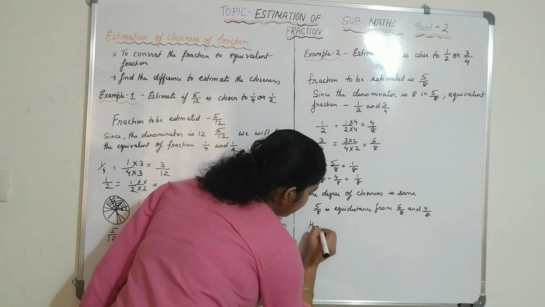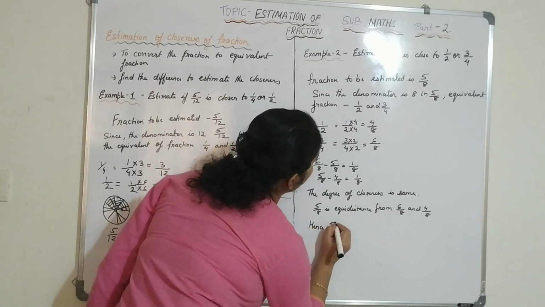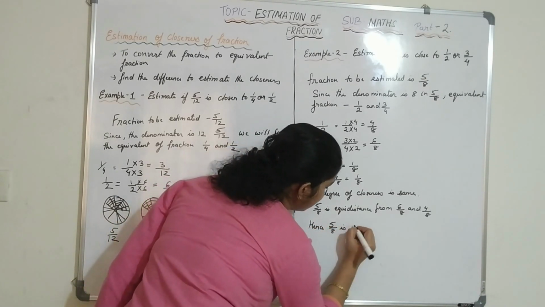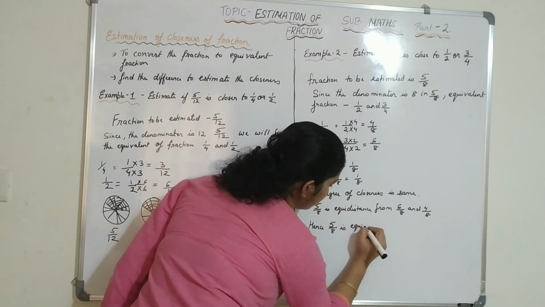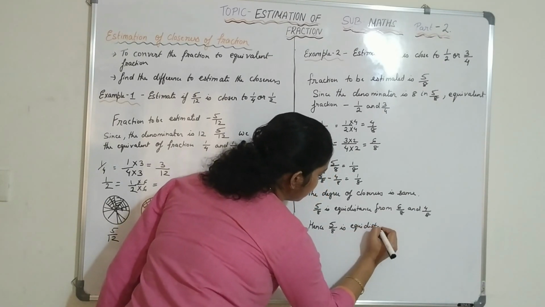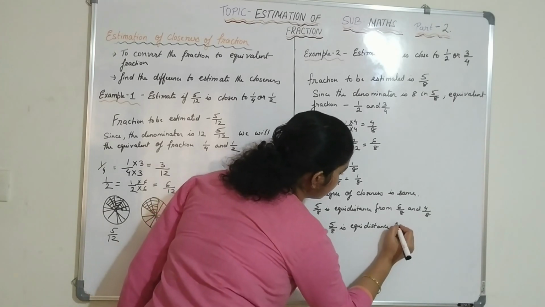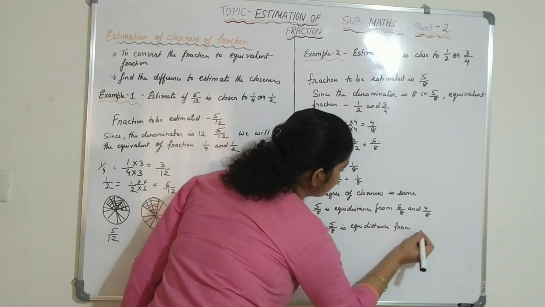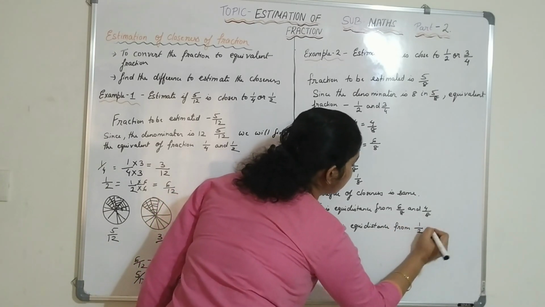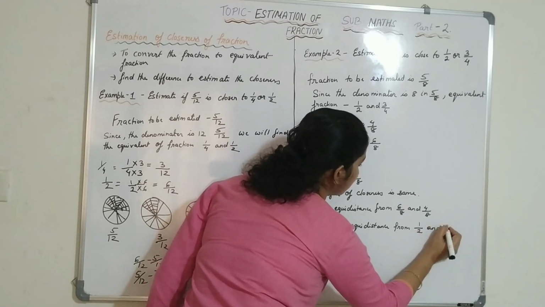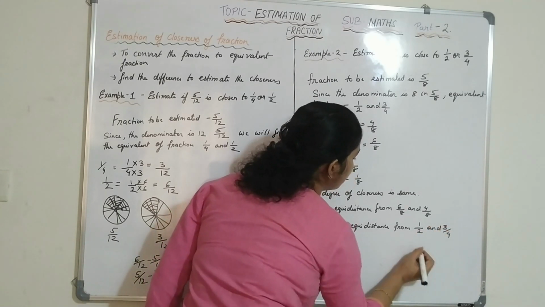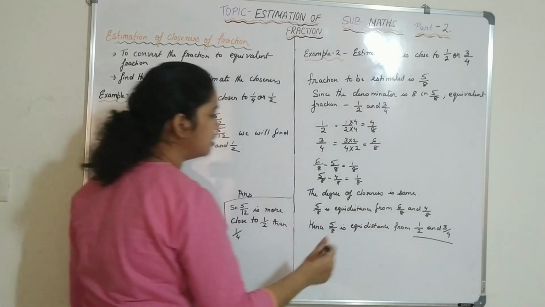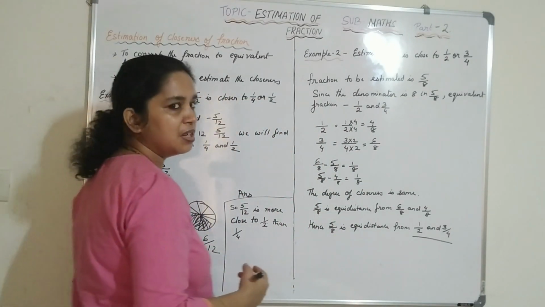Hence 5 by 8 is equidistant from 1 by 2 and 3 by 4, which are the original fractions.